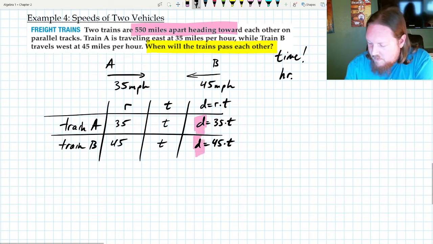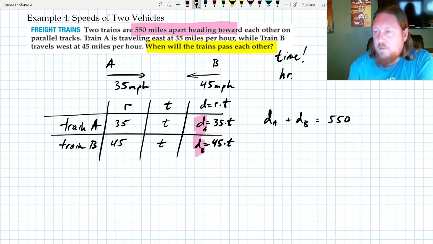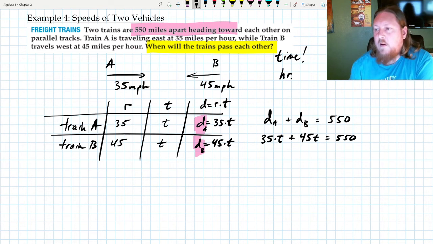So if we have distance of train A and train B, we know their sum should be 550 miles. Well, let's substitute these things in. Distance of train A is going to be 35 miles per hour times the time, plus the distance of train B, which is 45 miles per hour times the time, and those things added together should be 550.